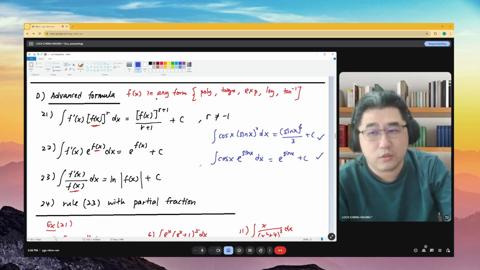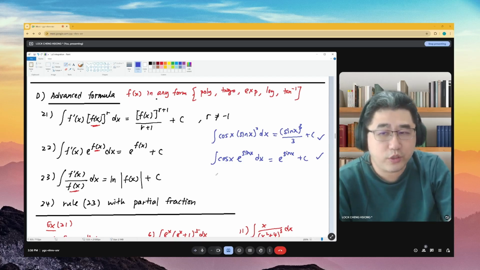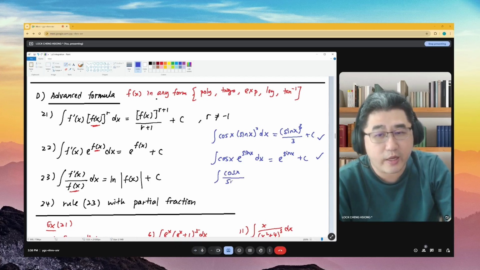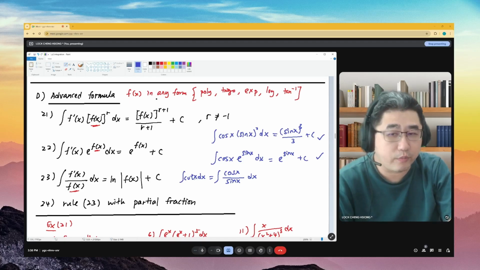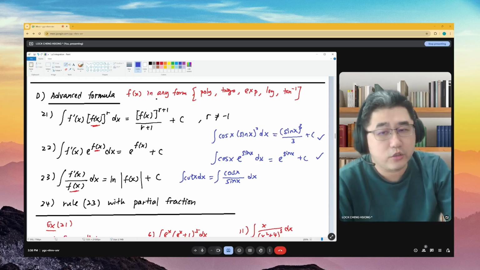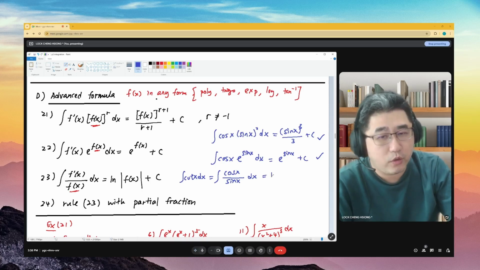For example, for 23, if let's say I have cos x over sin x, that is cotangent, isn't it? So cotangent can be written as cos over sine. You will see that the top is actually the differentiation of the bottom. Therefore, I will have ln of modulus sin x plus c.